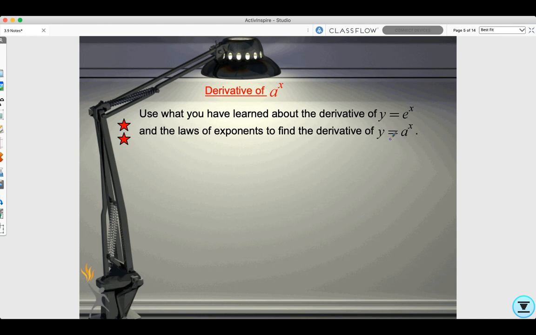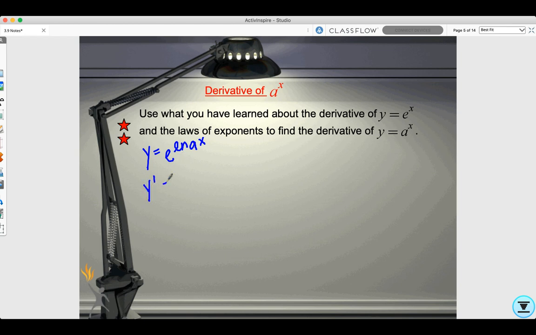And if I want to undo the natural log, I have to use the inverse, which is e. So I could rewrite my equation, y equals a to the x, as y equals e to the natural log of a to the x. Because e to the natural log equals 1, so it's still just a to the x.